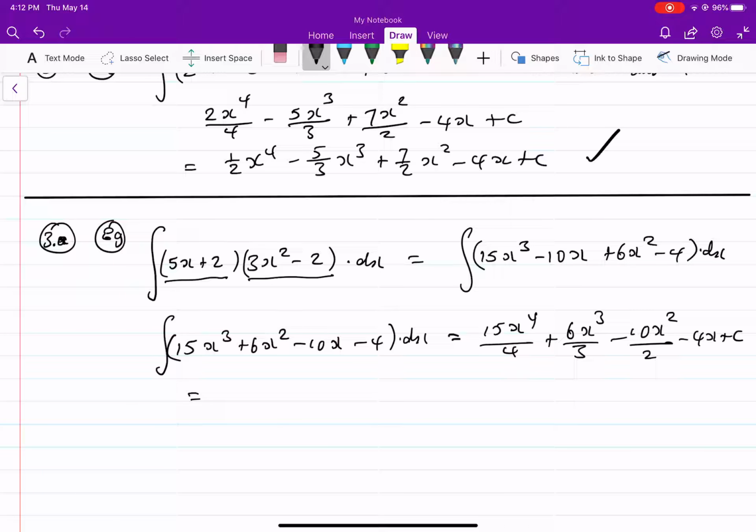If we tidy that up, 15/4 x to the 4 plus 6 upon 3, that's 2, x cubed. 10 upon 2, that's 5, so minus 5, x squared minus 4x plus c. That looks pretty good as well.